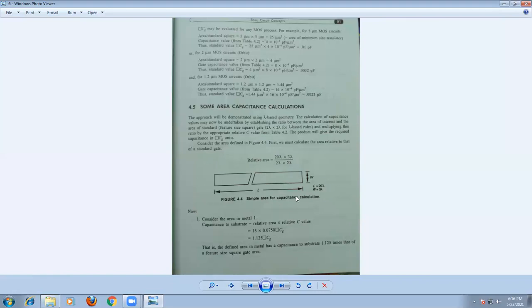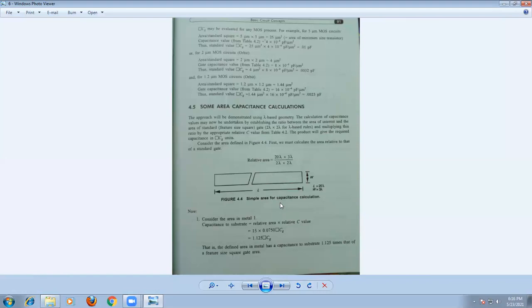By default, you can consider 5 micrometer technology, since we are using three technologies in this textbook: 5 micrometer technology, Orbit 2 micrometer technology, and Orbit 1.2 micrometer technology. The technology is not specified in the problem.